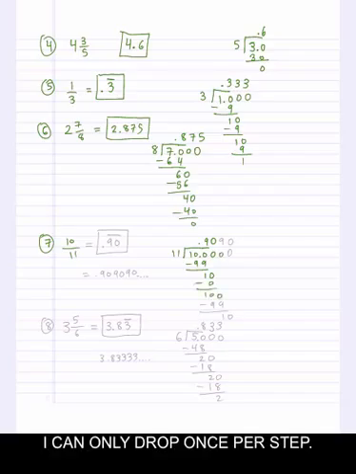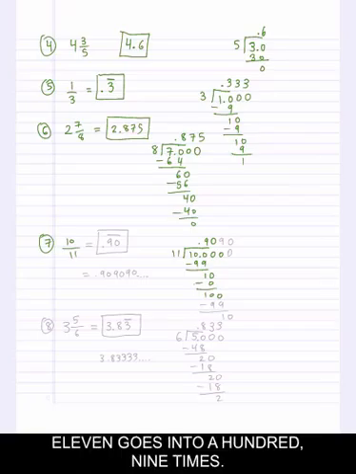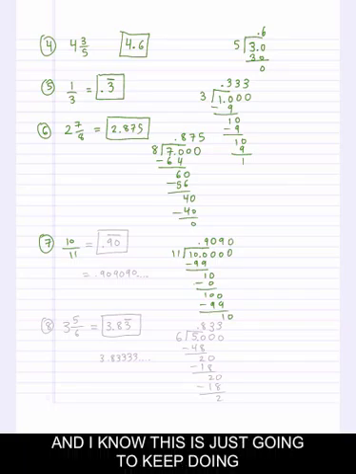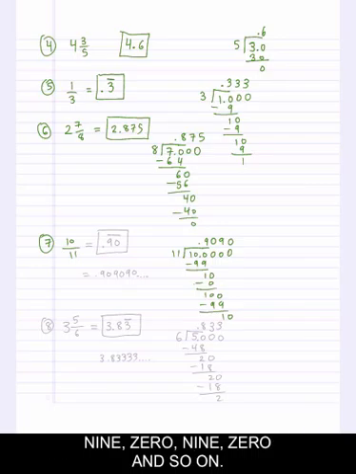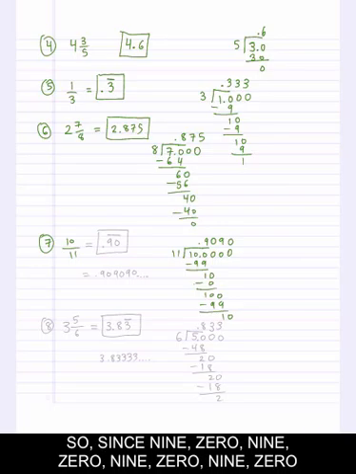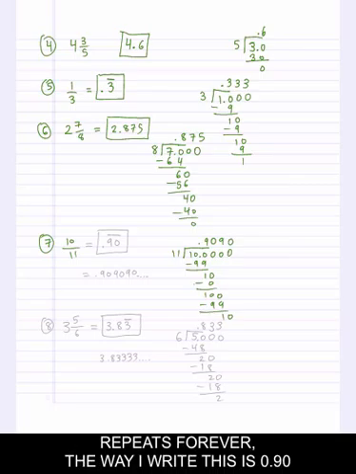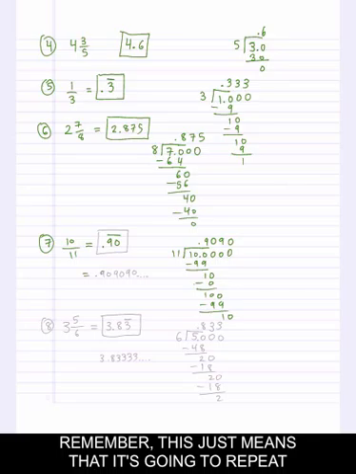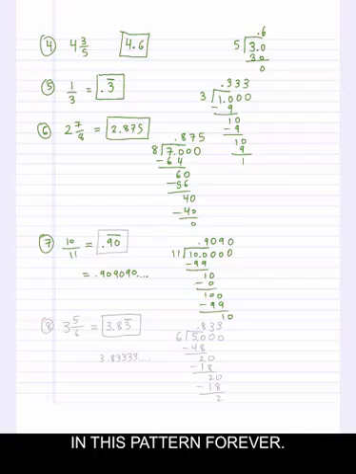I can only drop once per step. 11 goes into 100 9 times. You'll notice that we have a pattern emerging here, because 11 goes into 10 0 times, and I notice it's just going to keep doing 9 0, 9 0, and so on. So since 9 0, 9 0, 9 0 repeats forever, the way I write this is 0.90 with a bar over the 9 and the 0. Remember, this just means that it's going to repeat in this pattern forever.